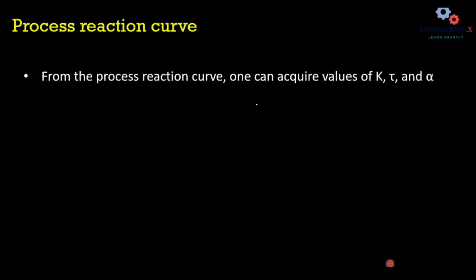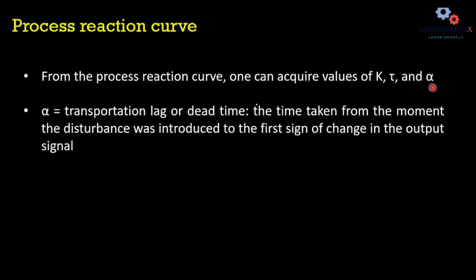So from the process reaction curve one can acquire the process gain, the time constant, and the dead time, that is alpha. So what are these three parameters? K is the process gain, alpha is also called transportation lag or dead time.